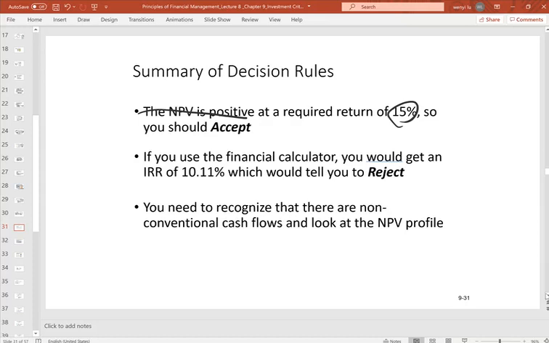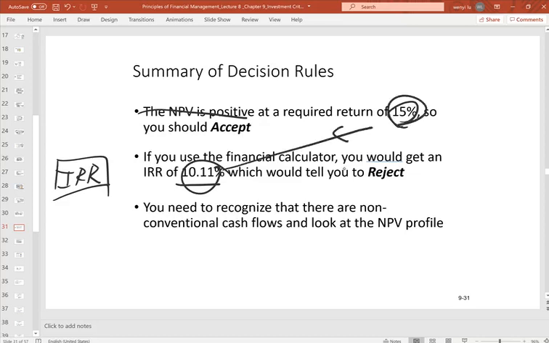However, if you press the IRR key for your input, you will get an IRR equal to 10.11%. This is, of course, less than 15%, so based on the IRR method, you will reject this project.